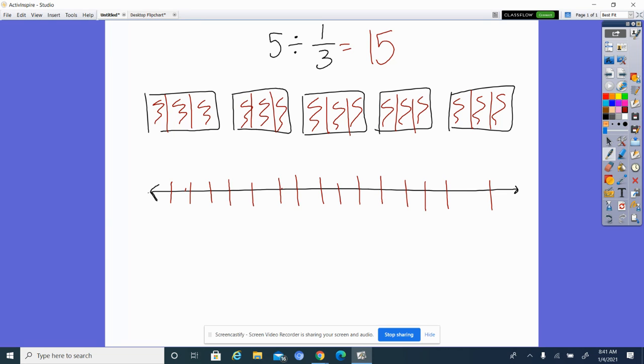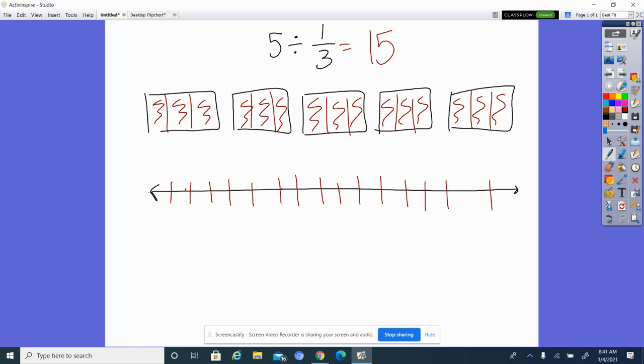Okay, do you see the difference between dividing a whole number by a fraction and dividing a fraction by a whole number? Tell me what you know about dividing a fraction by a whole number. It turns into a unit fraction, right? We always had 1 as our numerator, right? So tell me what you see about dividing a whole number by a fraction.